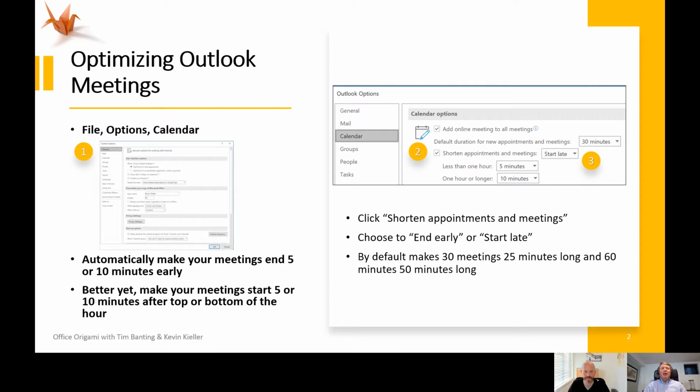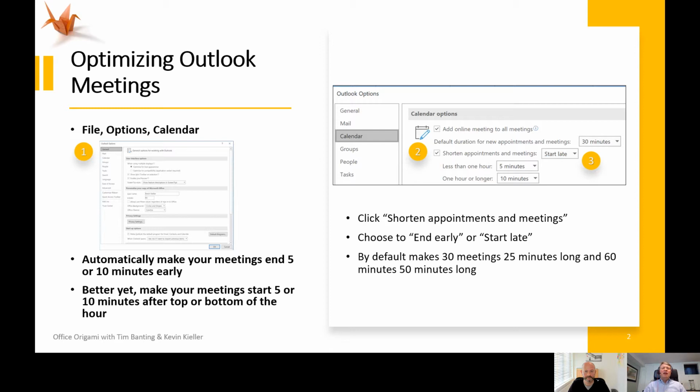So inside of Outlook, if you pick File, Options, and then click on Calendar, it will bring up the dialog box that's shown by number 1. And the great thing here is, on the right-hand side of the slide by number 2, you see that there's a checkbox that says shorten appointments and meetings.